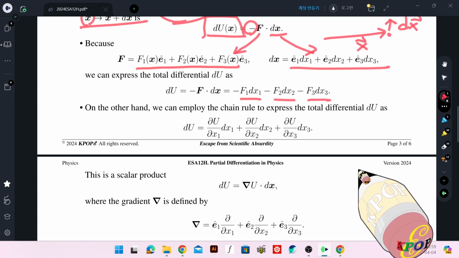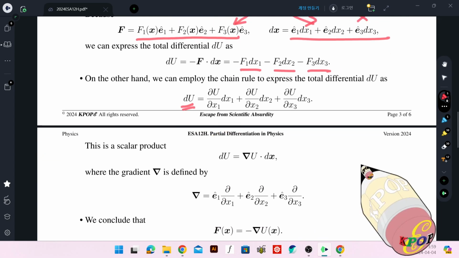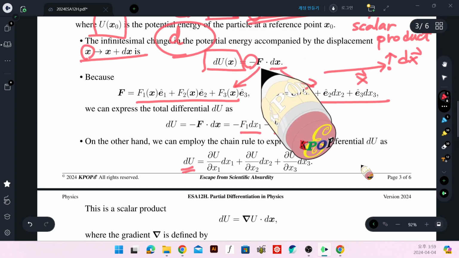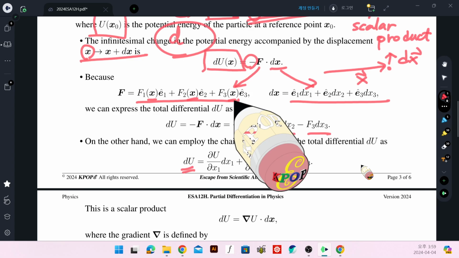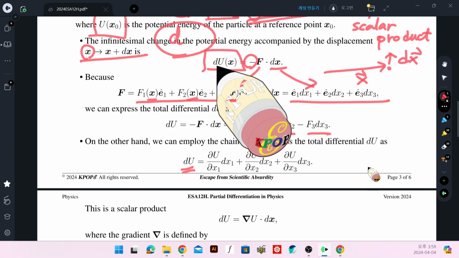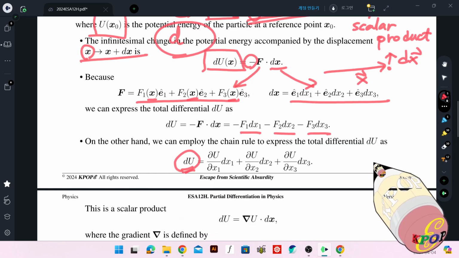We restrict ourselves to the velocity-independent force only. In that case, the force depends on the position only. As a result, the potential energy and its differential depend only on the Cartesian coordinates x1, x2, and x3.